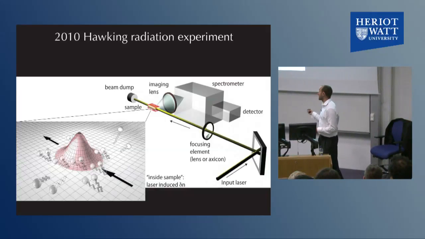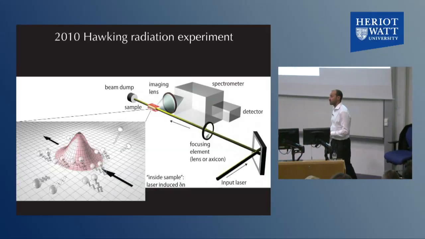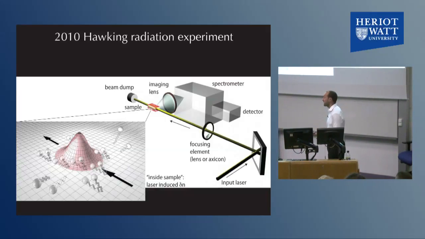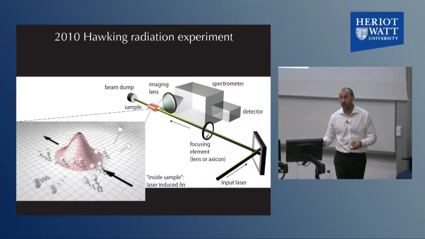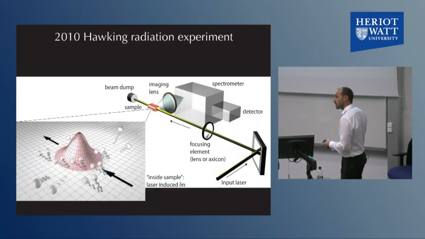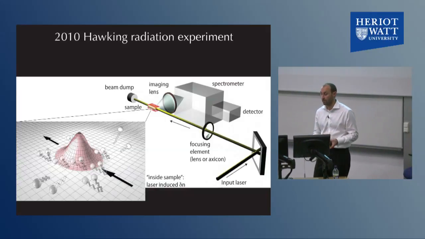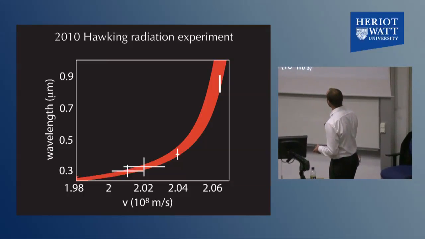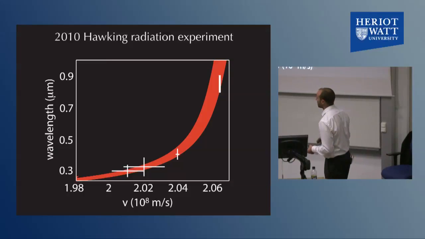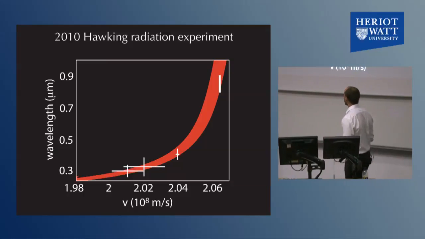Now, what the spectrometer does is it measures the color of the light that's being emitted. The reason why we want to do this is because when we take Hawking's theory and apply it to our system, what we discover is that depending on how we generate our scissor beam, so depending on the speed of our laser pulse, different colors of Hawking radiation will be emitted. So what I'm showing you here is a graph where we have the speed of our scissor beam on this axis, and on this axis we have the emitted wavelength from the Hawking radiation, or the color of the Hawking radiation.